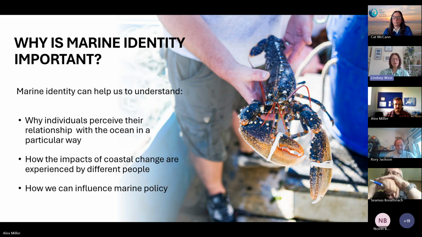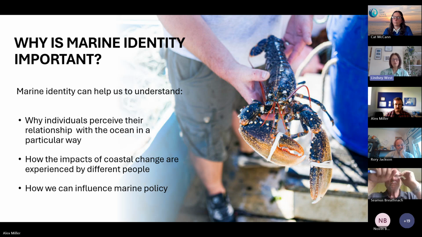Well, understanding marine identity can encourage decision makers to actively consider the relationships that people have with the sea. As Kat mentioned, there's a very strong emphasis at the moment in marine planning processes.